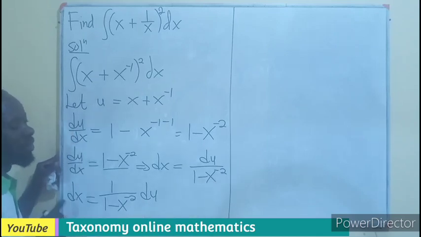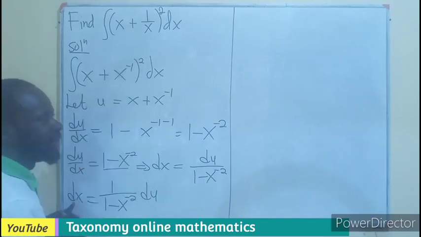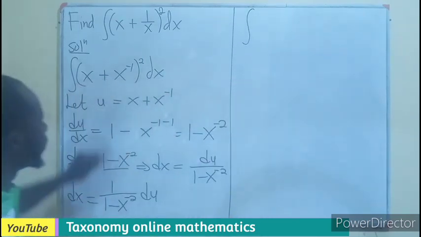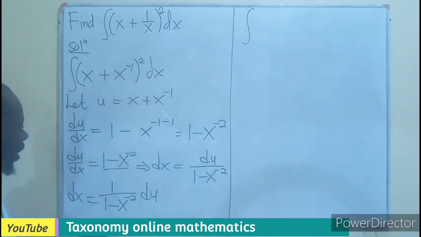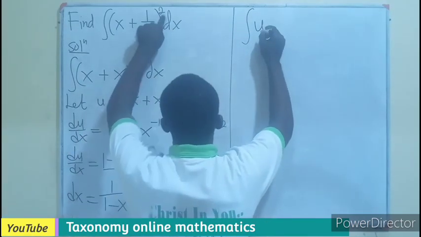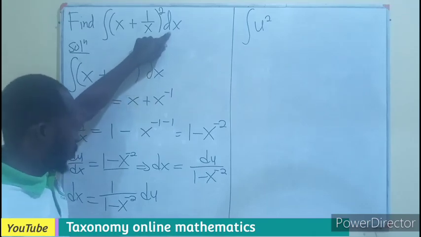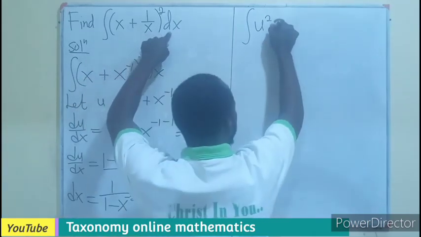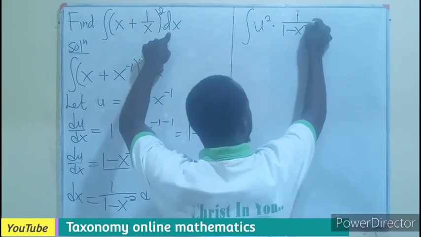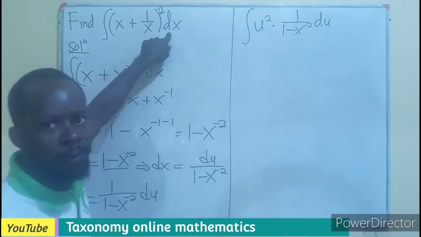So now we are going to substitute dx and u back into the integral, meaning the integral of the whole of this is now u, and u has an exponent of 2. Then dx, which is now 1 over (1 - x^(-2)) du.